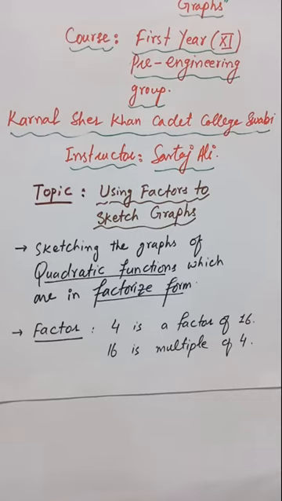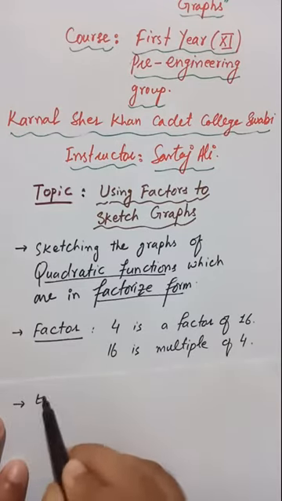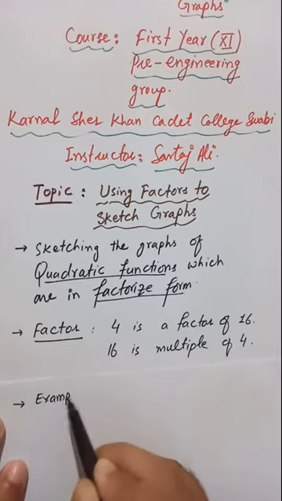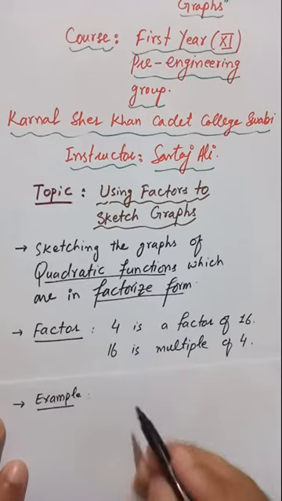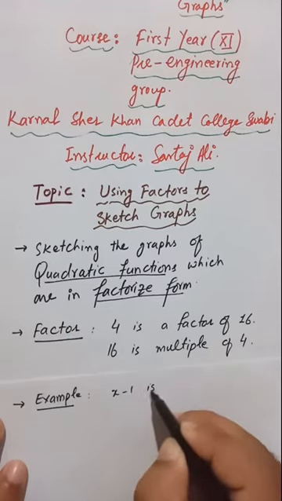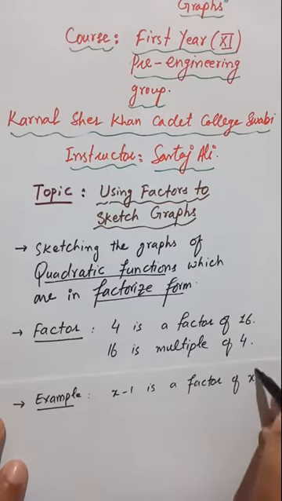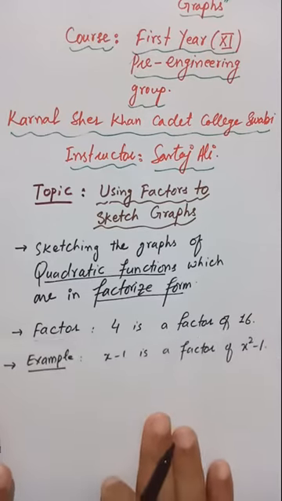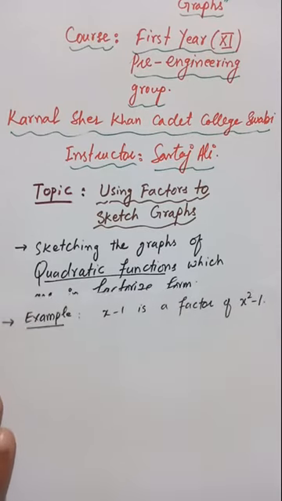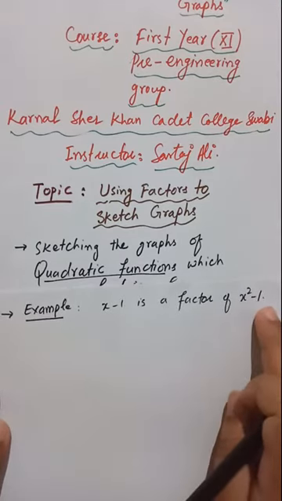Now in algebraic expressions, what will be the factor? Let's say we have an example while considering algebraic expressions. Now I am saying x minus 1 is a factor of x square minus 1.